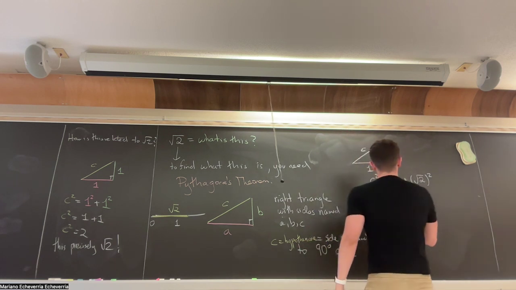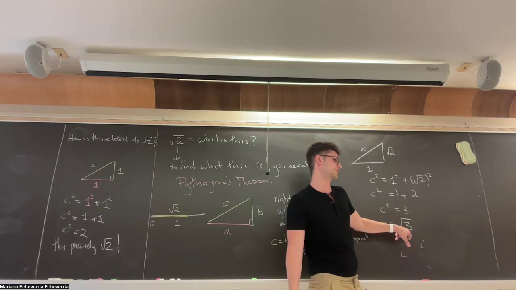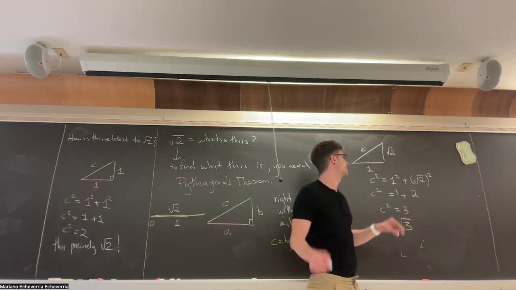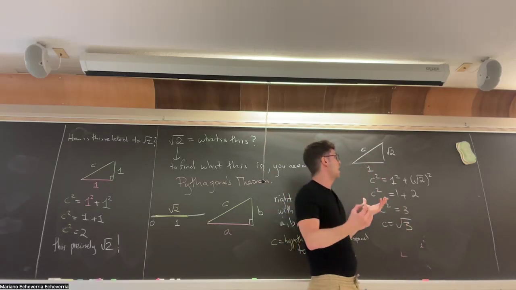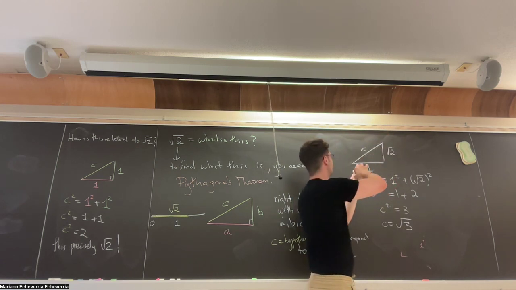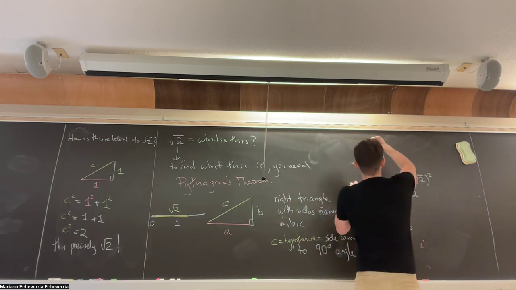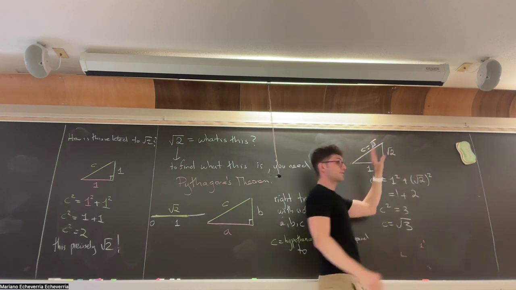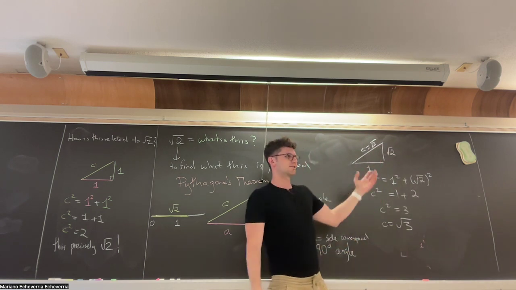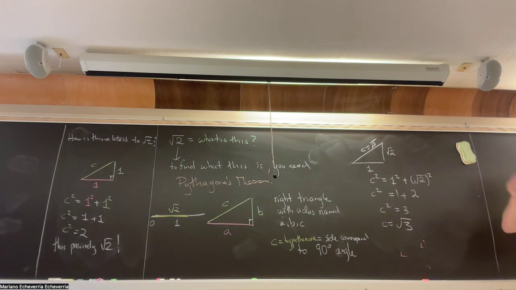To find root of 3, which again is one of the others that you would not simplify any further, root of 3 is just root of 3 in a sense. But if you wanted to actually find how it looks, the segment, like if you were playing with actual pieces of string and wanted to find the length of it, you would make a right triangle of this sort and use Pythagoras theorem again. Of course, we're not going to start finding square roots this way, but it's just to show you.